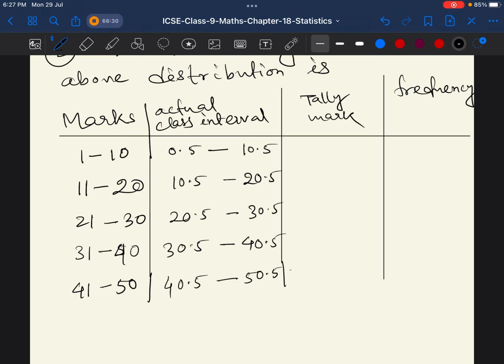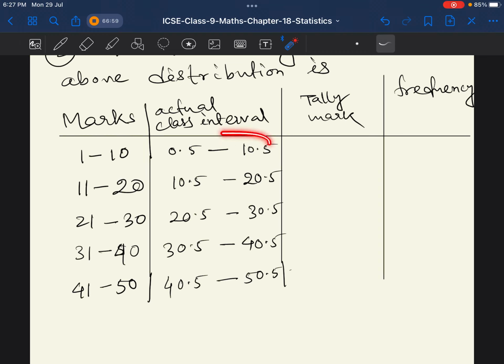In this interval we count less than 10.5. We take till 10, so we count less than 10.5. In the next class we take 10.5, but in the previous class we do not take 10.5.